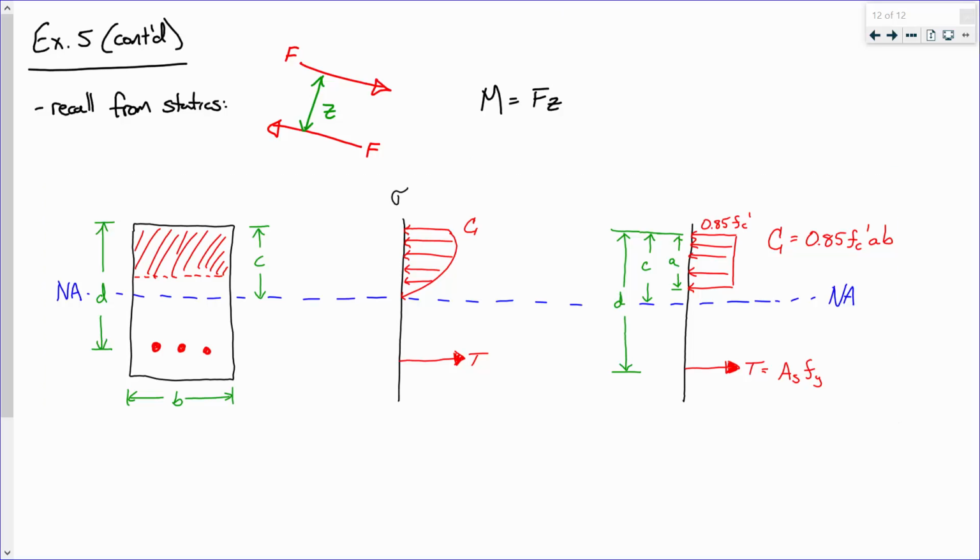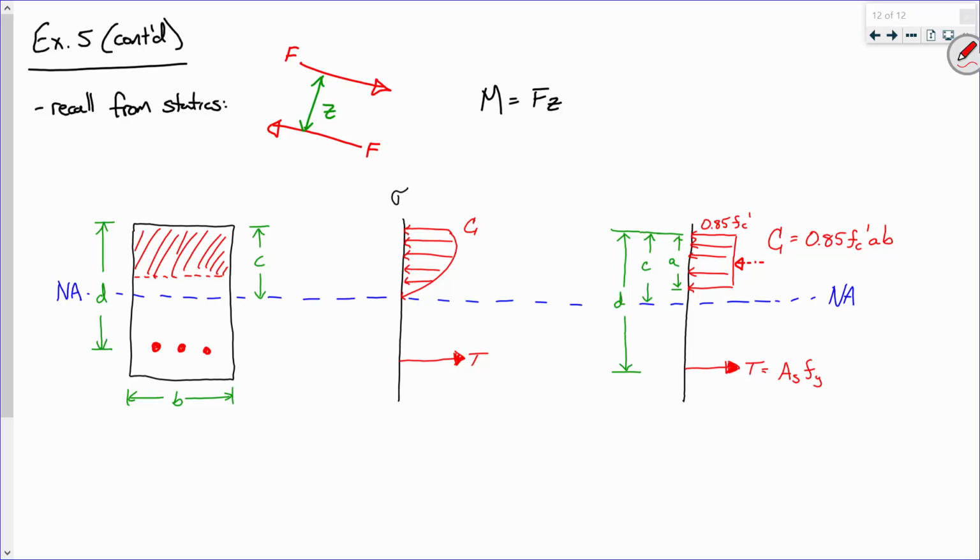So help me out. A moment equals a force times a distance, okay? So remember, if you have a distributed load, you can idealize that as a single concentrated load right there. Remember that from structural analysis?